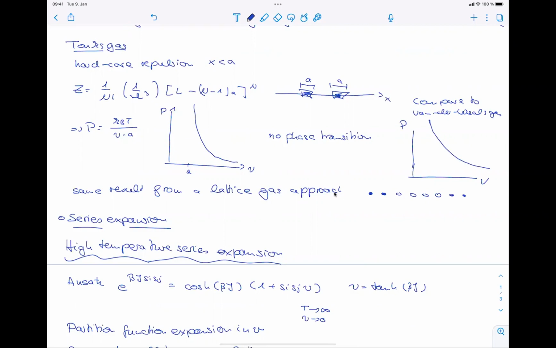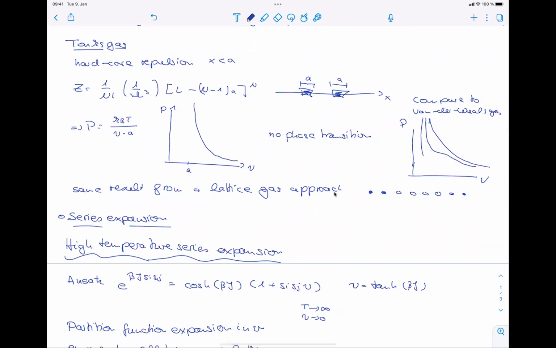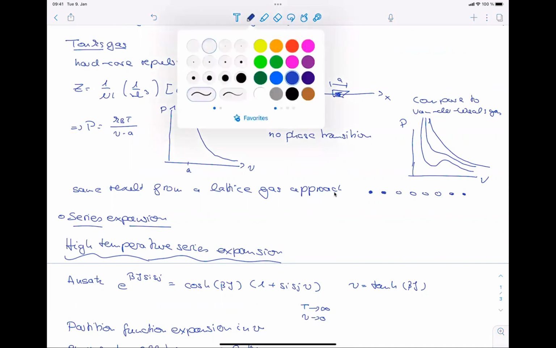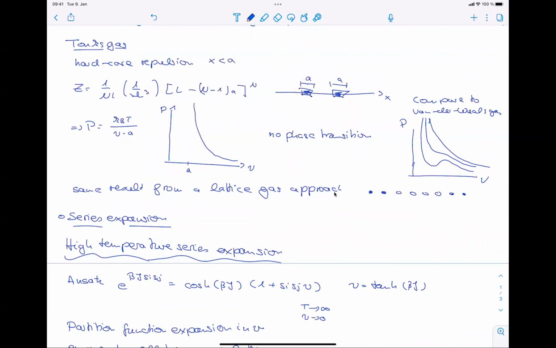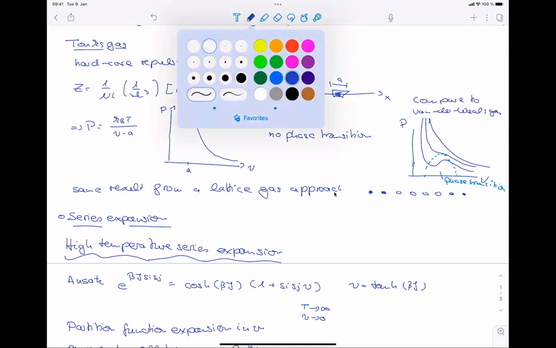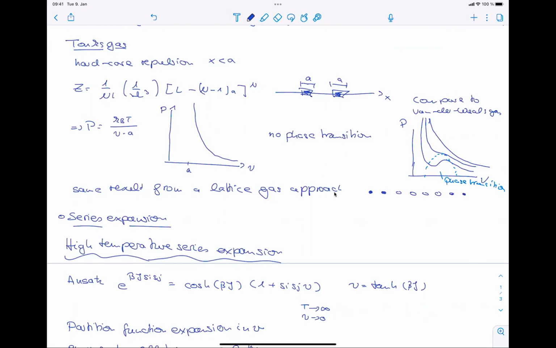But if we lower the temperature, we get a plateau, and below a critical temperature, we get this non-monotonic behavior. And then there's the famous, help me out, Maxwell construction, right? In this area here, we have a phase transition. And this is a continuous curve, and that's why we know we don't have any jump happening.